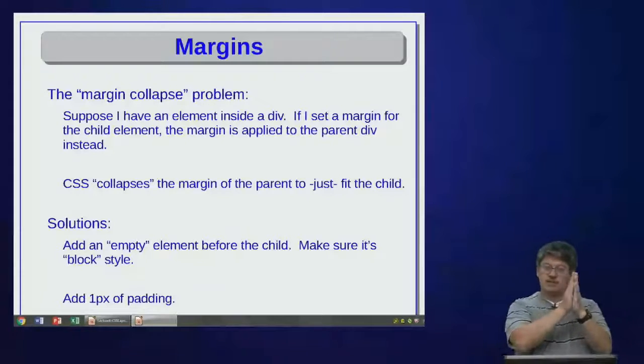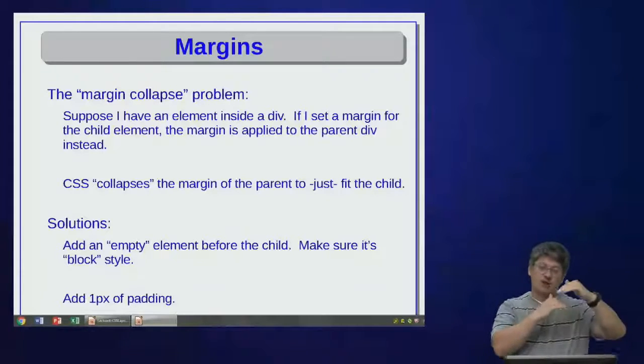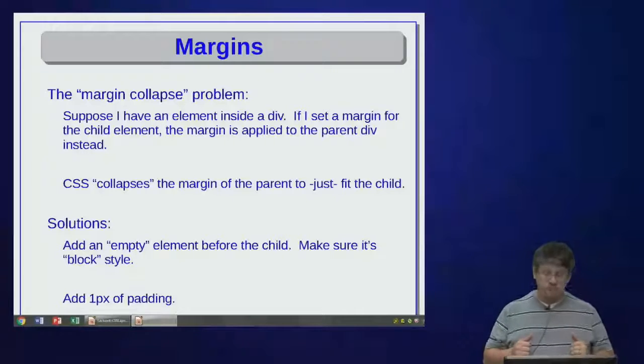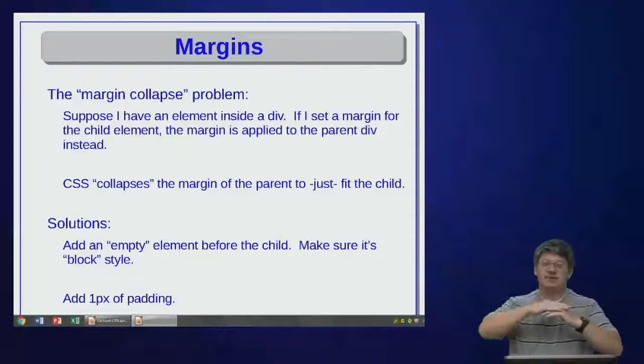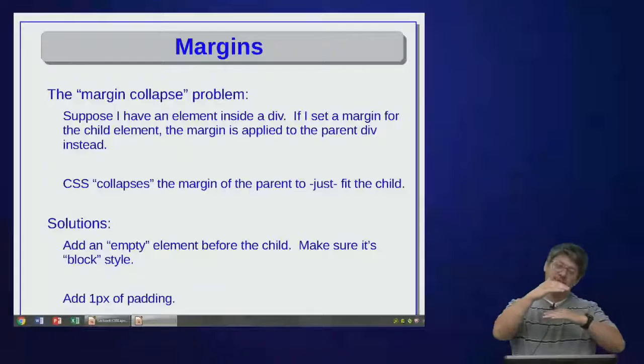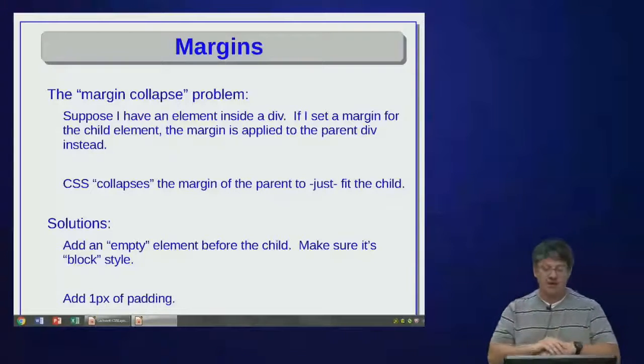Basically, you put something in between the two tags so that the margins are physically separated. You can actually put an empty element in, like a div with nothing inside it, and make sure that it's displayed so that the margin goes between the empty element and the container. Another solution to this is to add 1 pixel of padding.